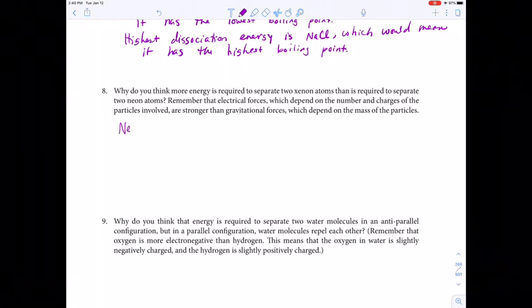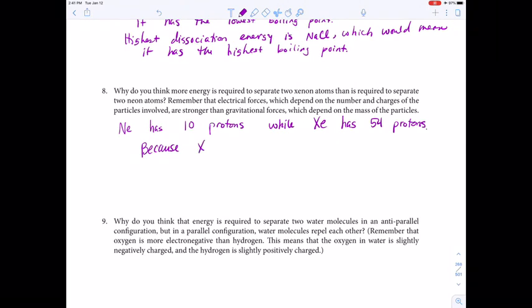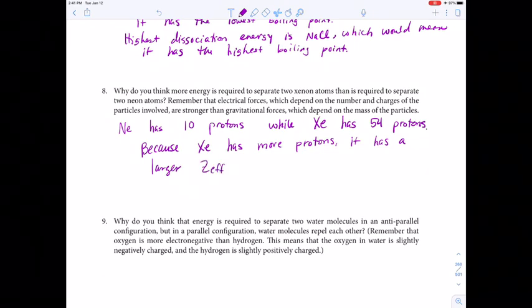So one explanation, neon has 10 protons, while xenon has 54 protons. There's more to it. This is fairly simplistic, but because xenon has more protons, it has a larger Z effective. Do you remember that term from last semester?